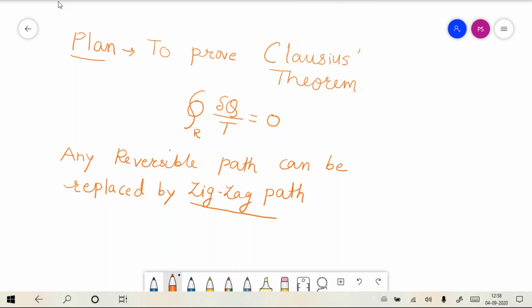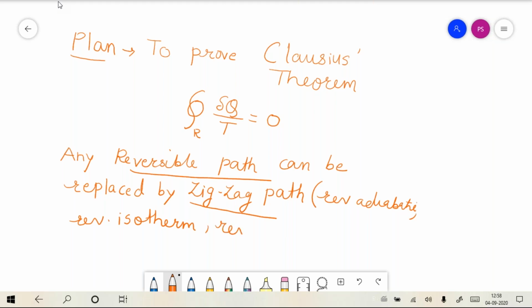So what we would be proving is that if you consider any reversible path, then that reversible path can be replaced by a zigzag path comprising of three processes, of which one is a reversible adiabatic process, followed by a reversible isotherm, and that again is followed by a reversible adiabatic.